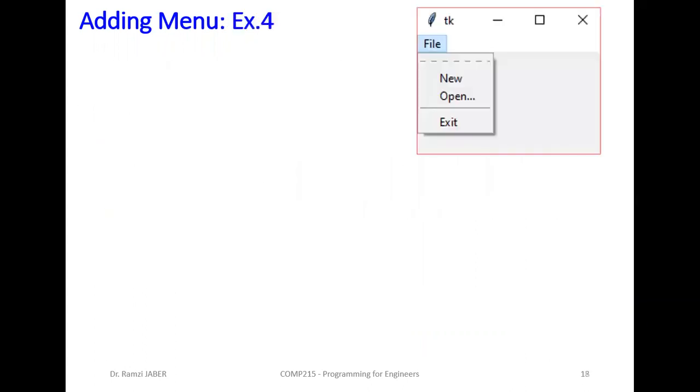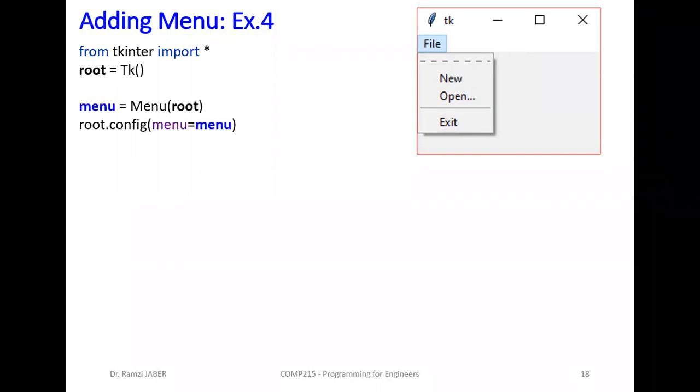Here is an example for menu only, without menu button. So another example using only menu without menu button. So menu equal Menu(root). Now I want to put this menu on the root, the main window.